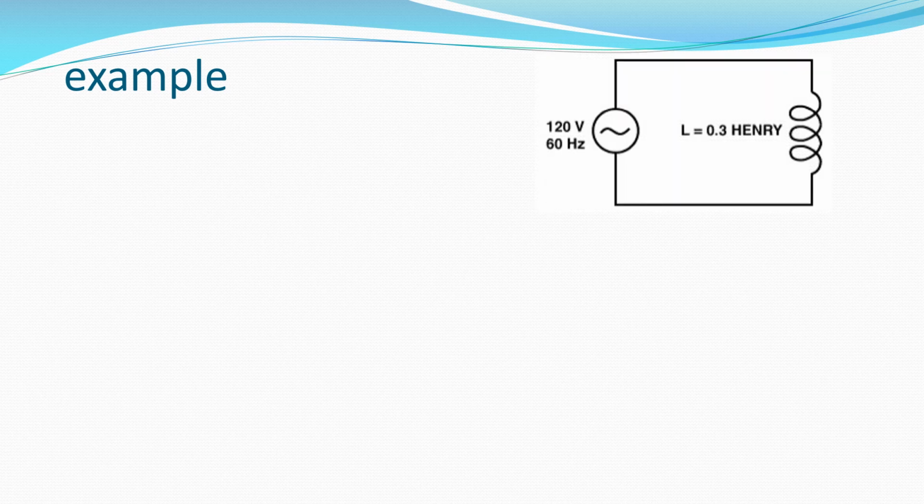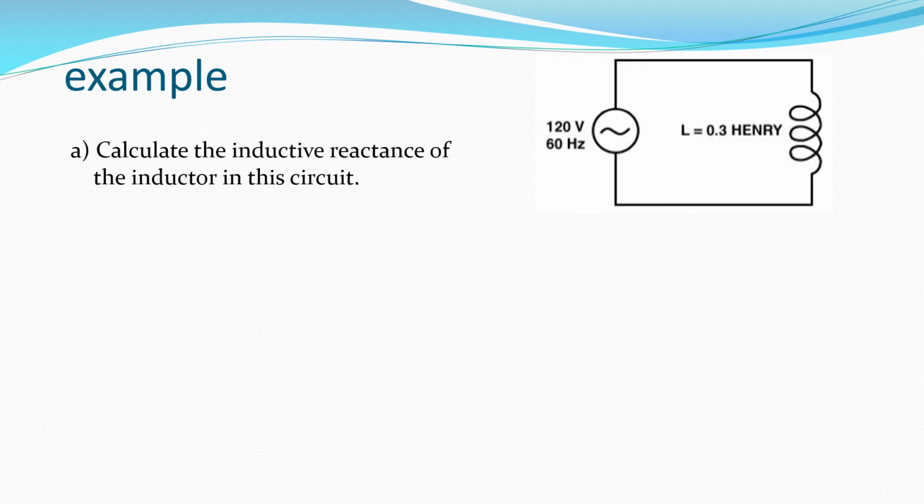So here's our circuit in the example. Calculate the inductive reactance of the inductor in the circuit. Well, inductive reactance, XL, is equal to 2 pi F multiplied by the inductance. So that's 2 times pi times 60 times 0.3 henries, which is equal to 113.